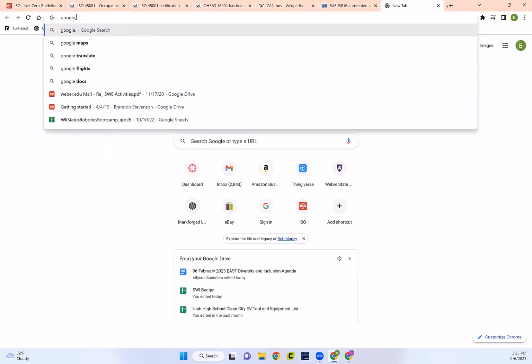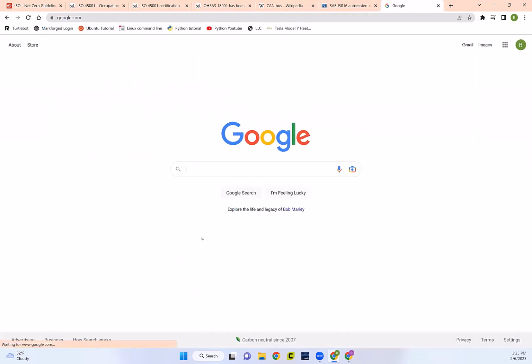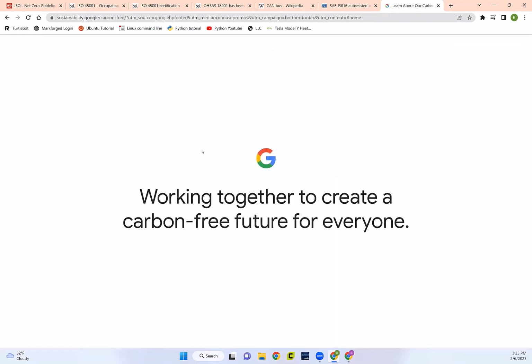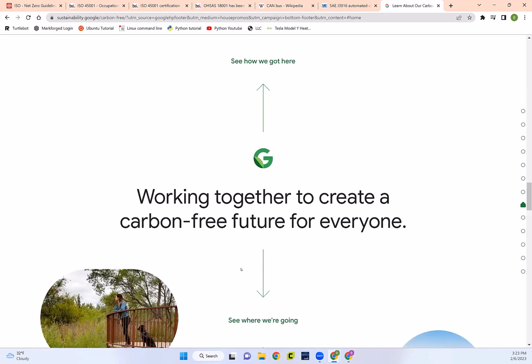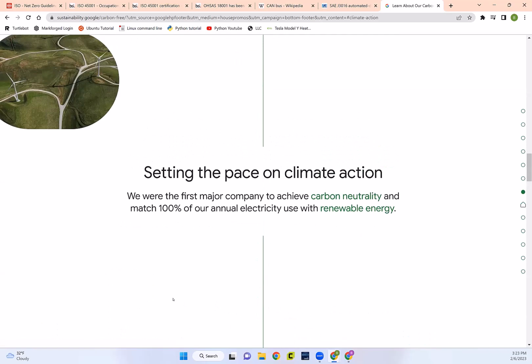Let's go to Google. There you go: carbon neutral since 2007. What does that actually mean, Google? We can see what their version is.